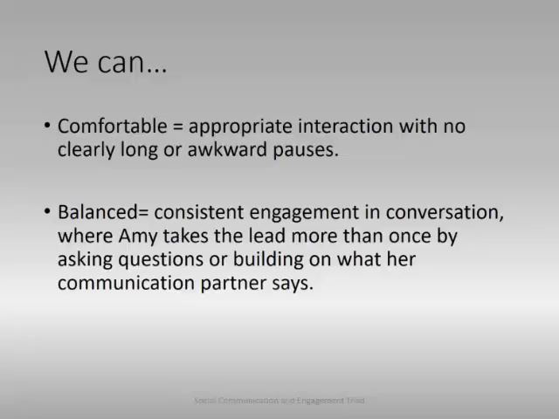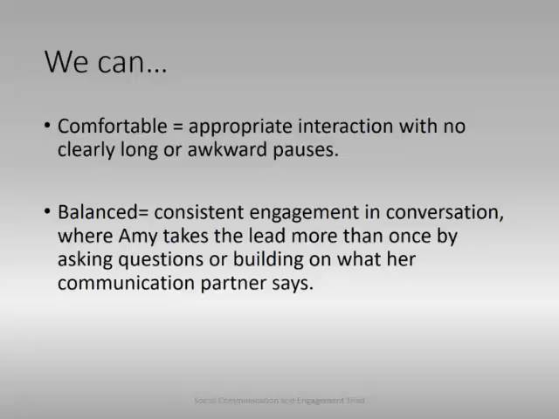Now, as we take qualitative data, we can see, and we'll show you on the data collection sheet, how that can become quantitative. But the idea of comfortable being an appropriate interaction with no long or awkward pauses is very subjective. But we know what appropriate is. We're all good communicators, and we know if it feels right.